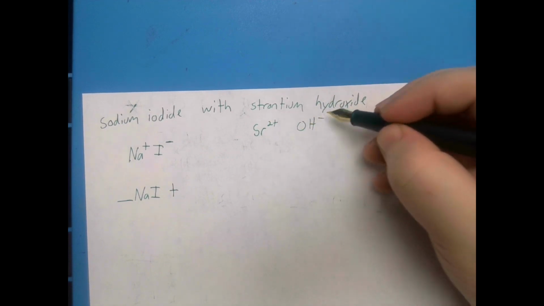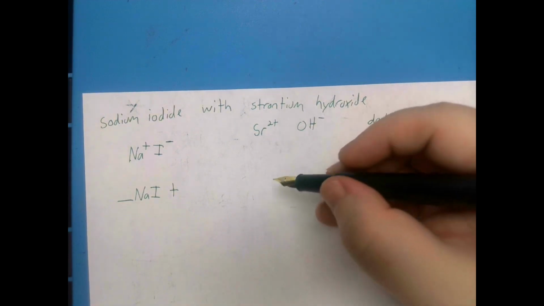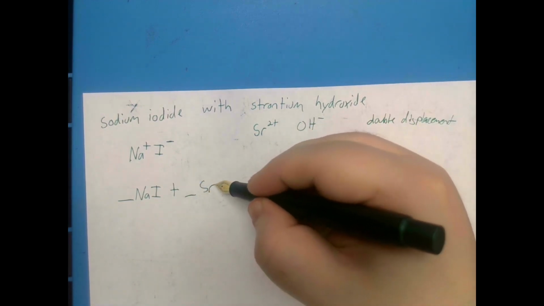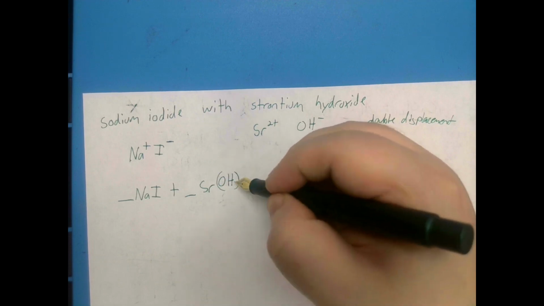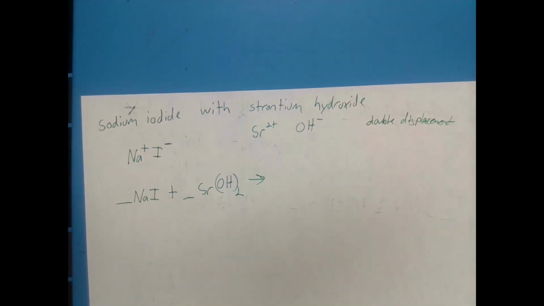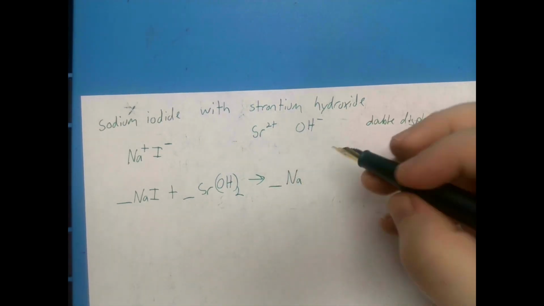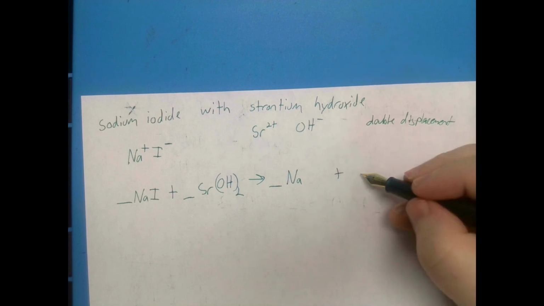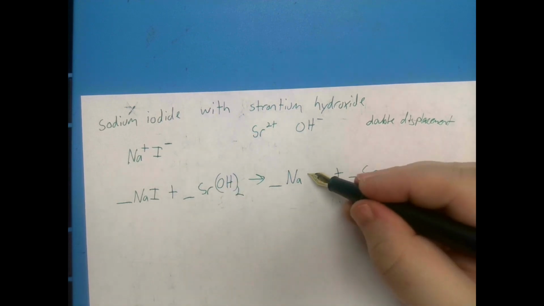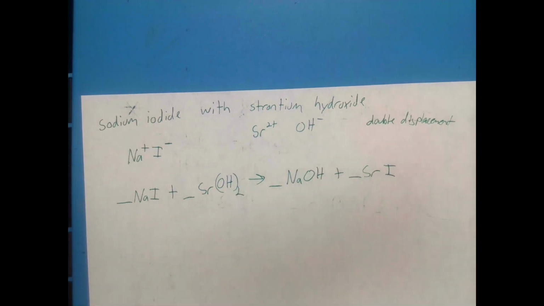Hydroxide is OH negative. So we need 2 hydroxide for it. And they're going to switch anions or cations. So Na plus Sr. I'm going to put the OH here. I'm going to put the I here.